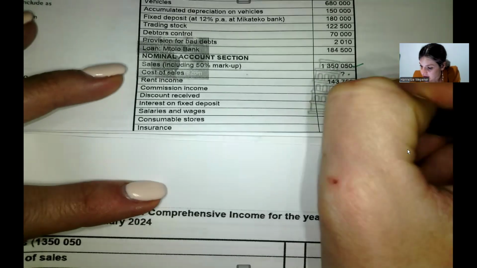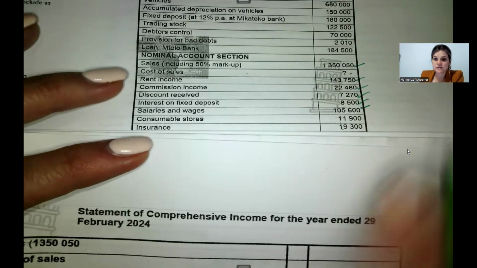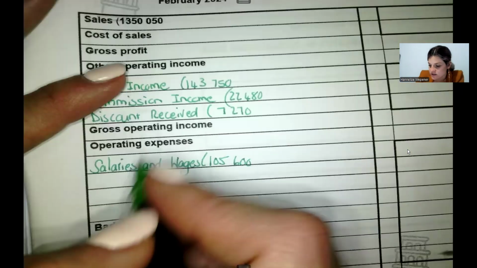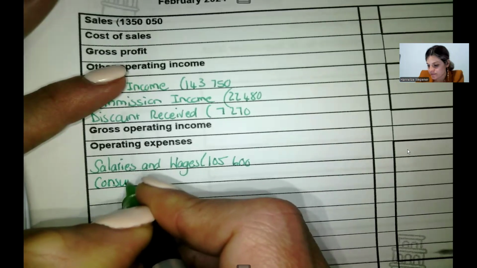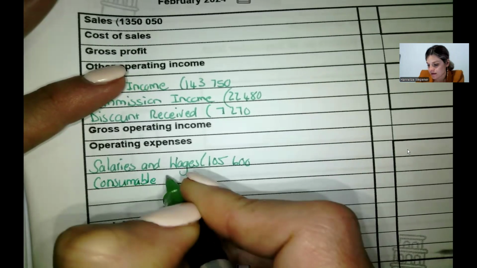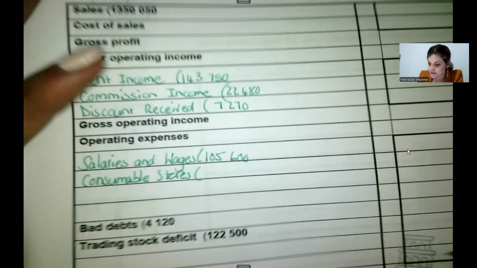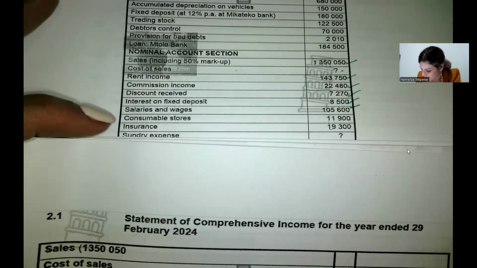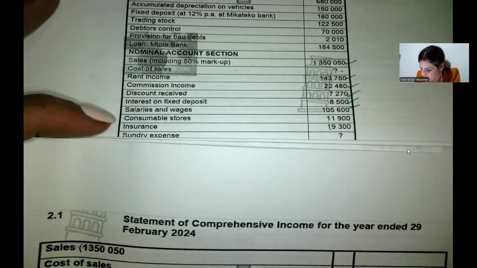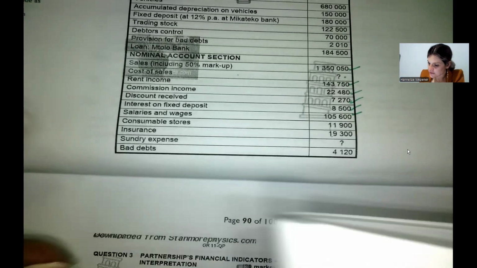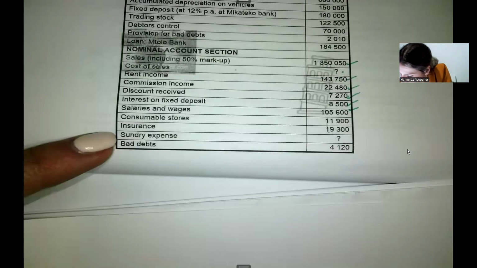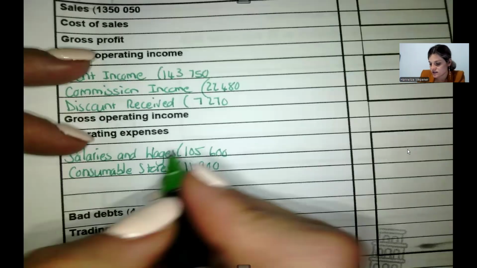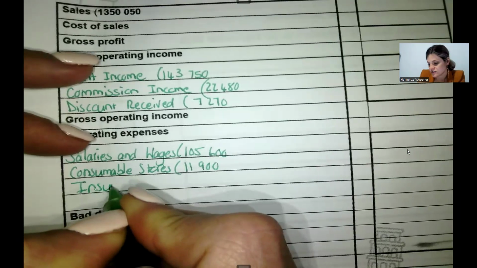105,600. Okay. Then we have consumable stores and insurance. Those are also expenses. Consumable stores was 11,900. And then our insurance, let me just double check. Yes, 11,900. Our insurance is 19,300.